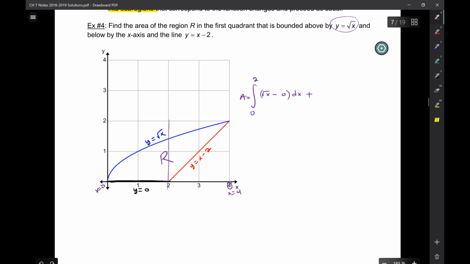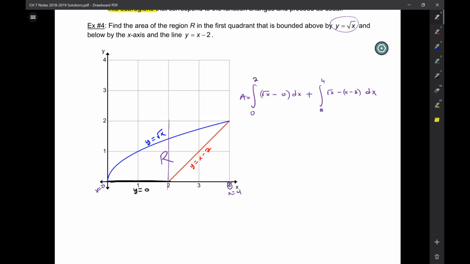And then I'm going to add that area to the area of the second part from 2 to 4, root x minus (x minus 2) dx. Okay? So on the left part, I have root x on top, 0 on the bottom. Here I have root x on top, x minus 2 on the bottom.